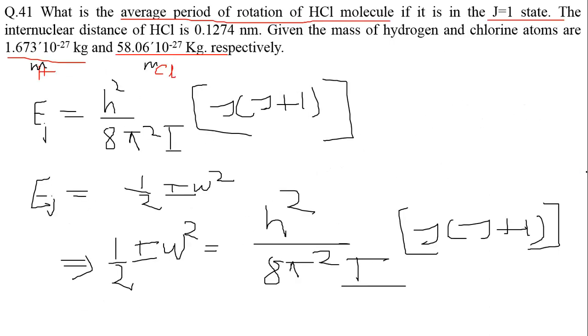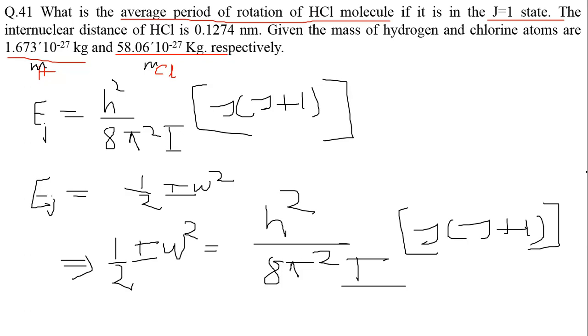So the question was, what will be the average period of rotation for hydrogen chloride molecule if it is in J equals 1 state, and we are provided with the internuclear distance of HCl, which is 0.1274 nanometer, and the masses of hydrogen and chlorine atoms are given also.